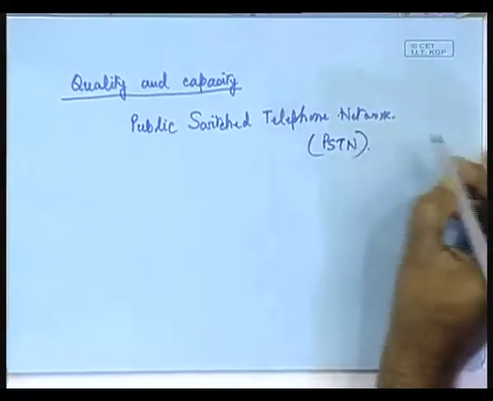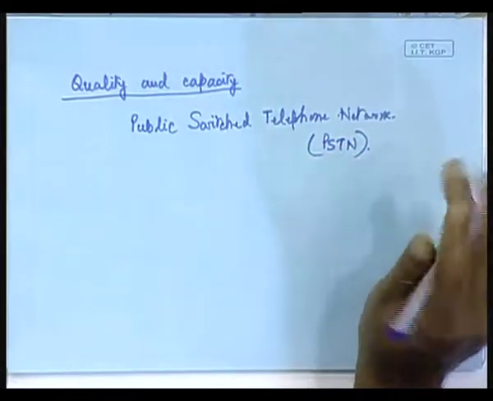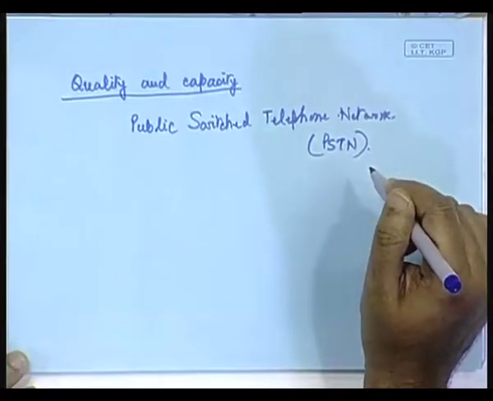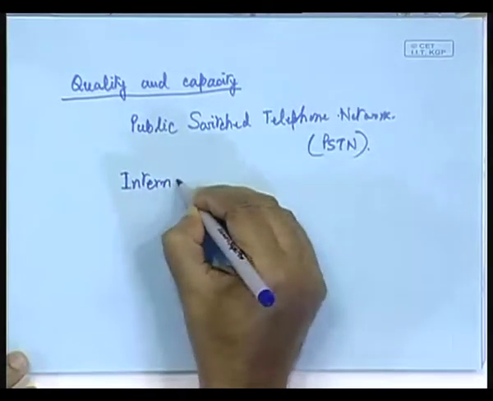For PSTN, what should be the quality requirement for a given capacity must be fully specified, that quality we have to reach. That is specified by regulatory bodies. One international regulatory body that specifies for PSTN and other networking requirements is the International Telecommunication Union, or ITU.